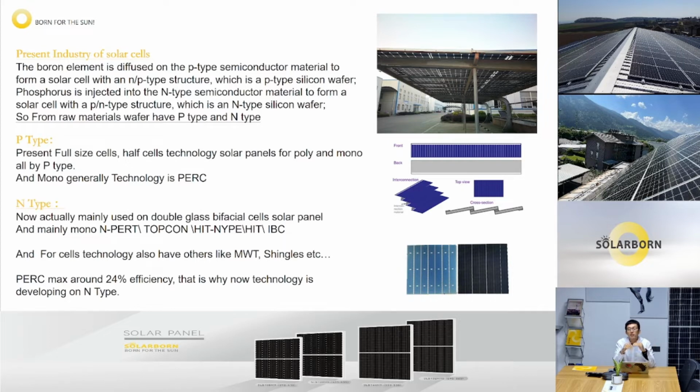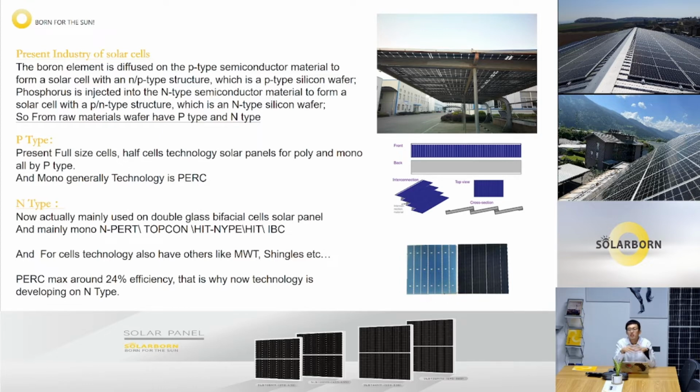And for the future, like the TOPCon, HJT, and the IBC, all are the new technology on solar cells for the N-type. In the future, we will maybe get much bigger power from solar panels, because for solar panels, the main material is the solar cells, and the main technology also is the solar cells.